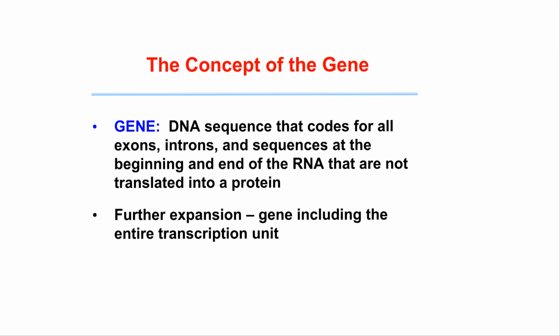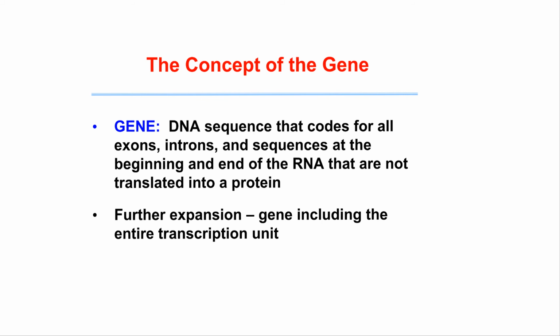So what are those 5' and 3' sequences, the so-called 5' UTR and 3' UTR? Untranslated regions. Even though these regions are not translated into proteins, they are critical for RNA stability and for translation of RNA into protein.